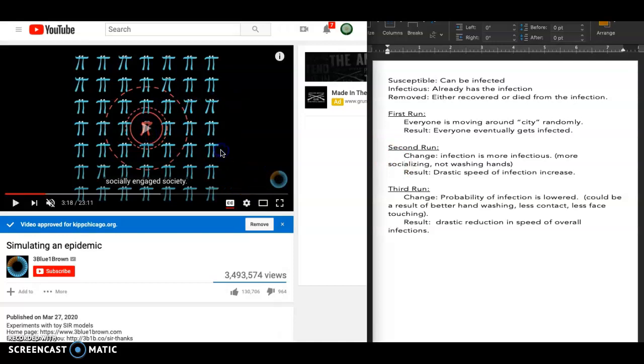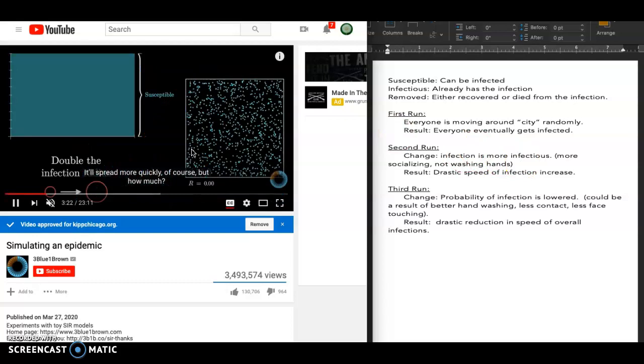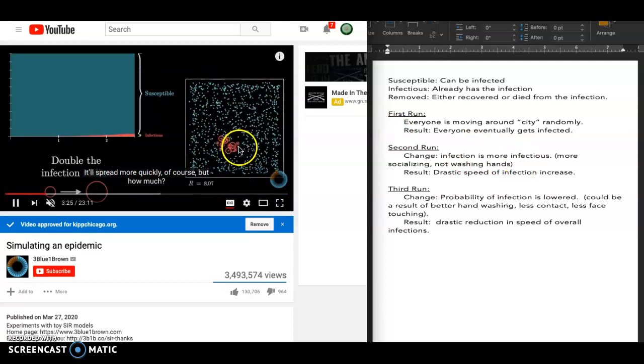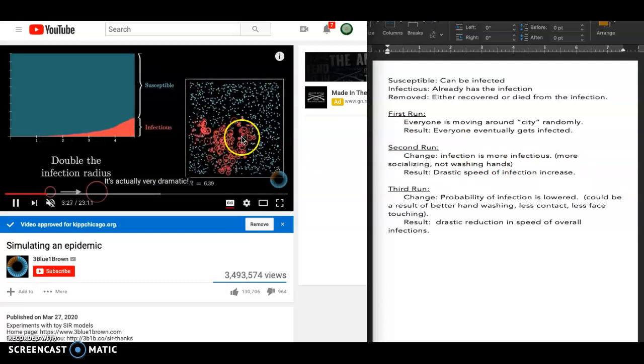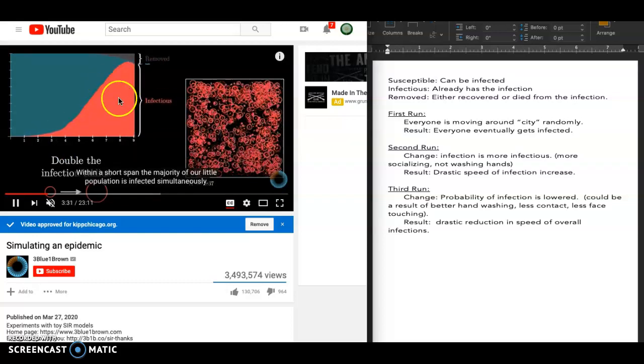So we're going to look at the result if we make this specific infection more infectious. As you can see, it's starting to spread faster, but you'll notice right here how it just peaks.